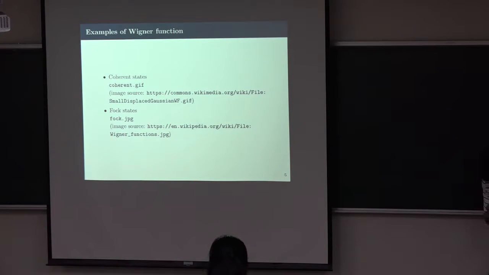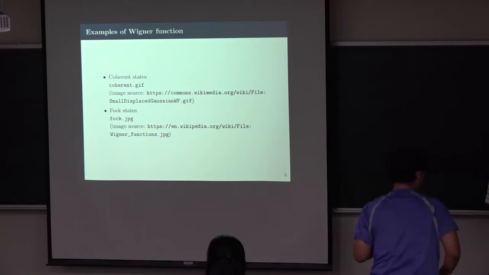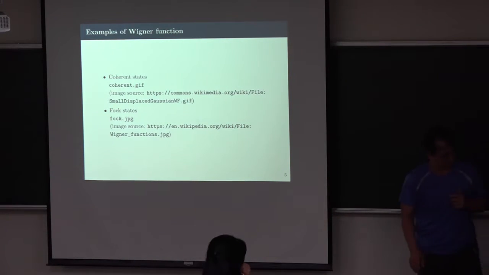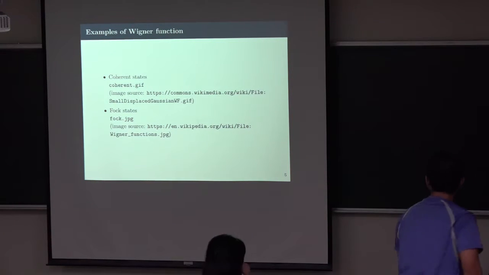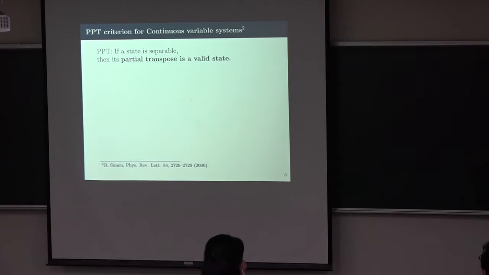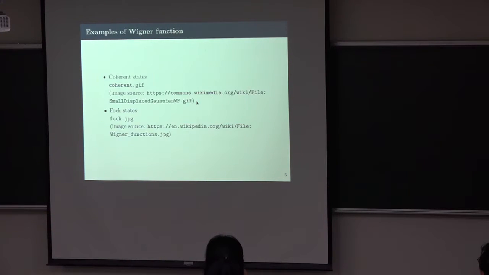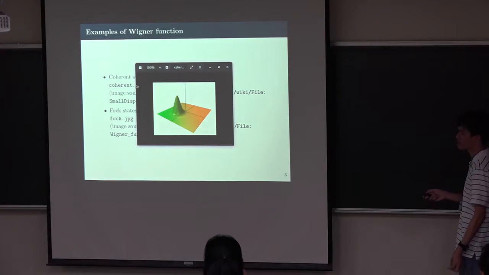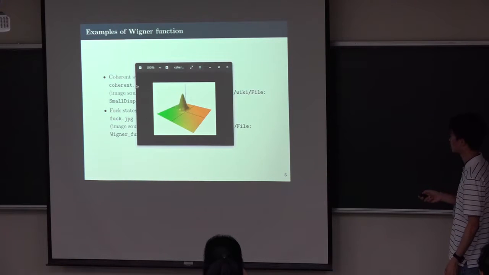For example, here's a case of the coherent state. It is represented by a Gaussian function on phase space.